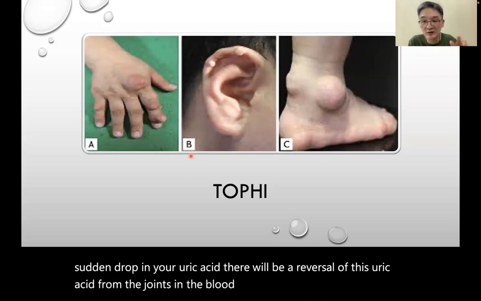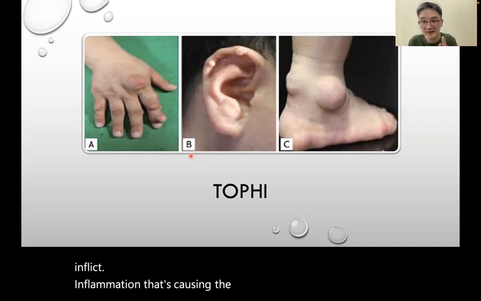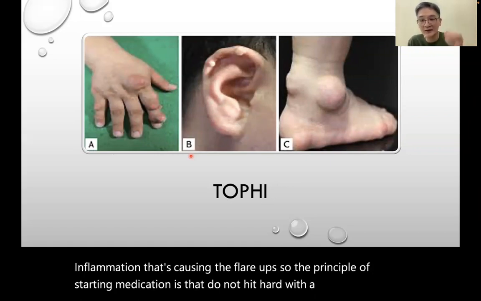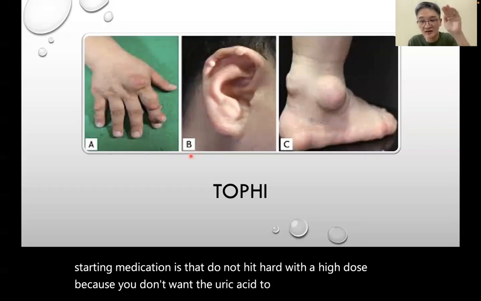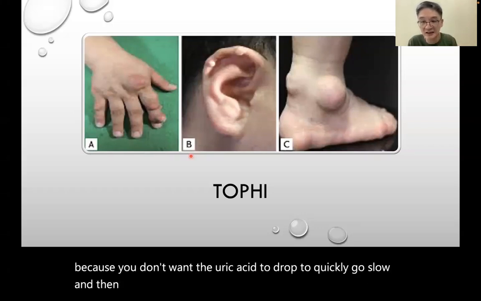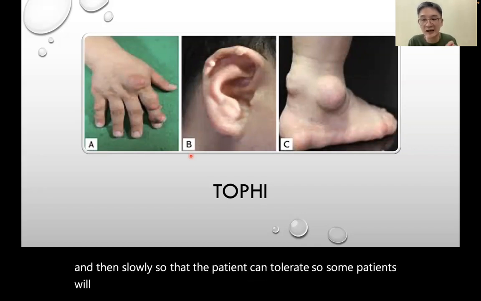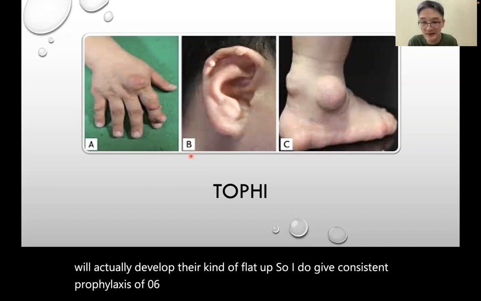That in return will also inflict the inflammation that's causing the flare-ups. So the principle of starting medication is that do not hit hard with a high dose, because you don't want the uric acid to drop too quickly. Go slow so that the patient can tolerate. Some patients will actually develop that kind of flare-up, so I do give colchicine prophylaxis of 0.6 milligram daily for up to 6 months. But watch out for side effects such as diarrhea.